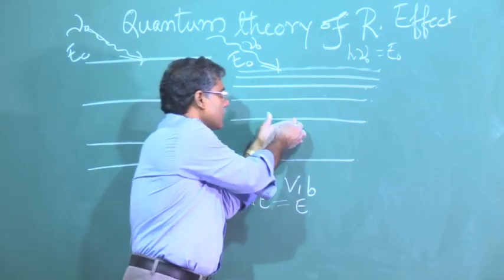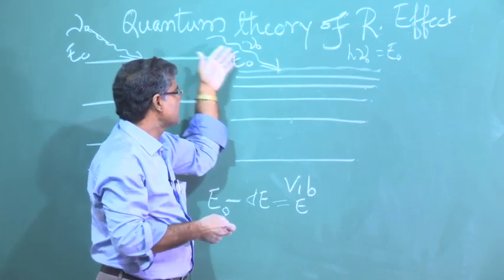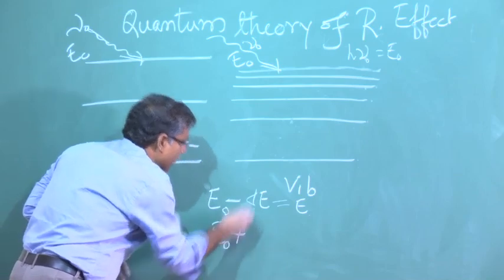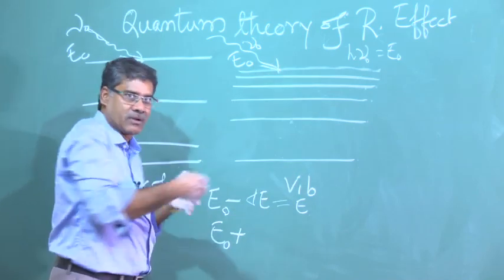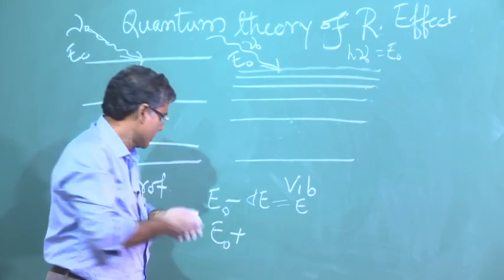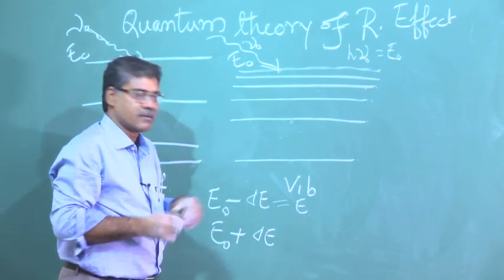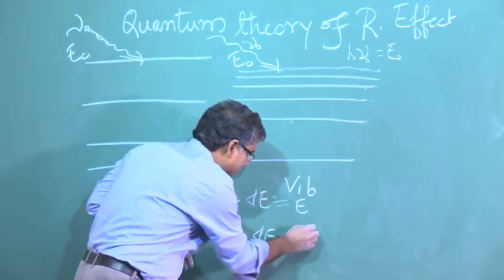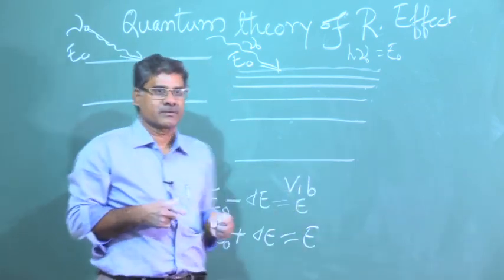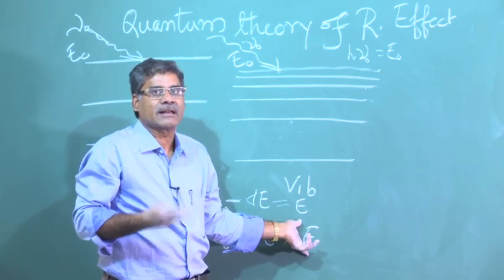So now it will emit some additional energy. Your incident one is E 0, and the molecules have come from the excited state to the down state, so you release some energy, that release of energy is del E. So, the scattered radiation coming out, its energy is now higher than the incident one.